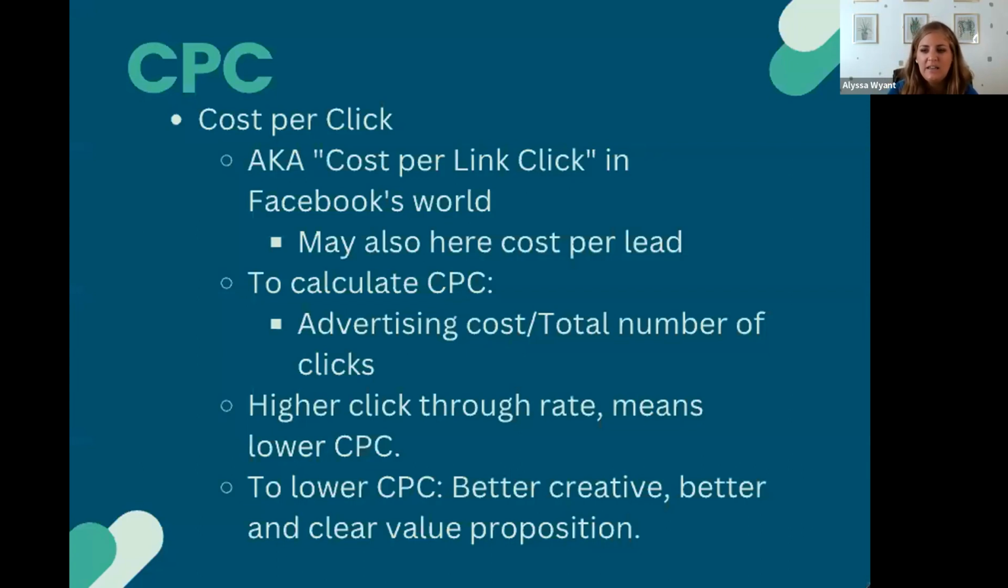To calculate the cost per click of an ad, you would take your advertising cost divided by the total number of clicks that you've received. So if you have a higher click-through rate, that means you're going to have a lower cost per click. If you're having issues with the cost per click being high, I would suggest taking a look at how that creative looks and how you can serve your consumer.